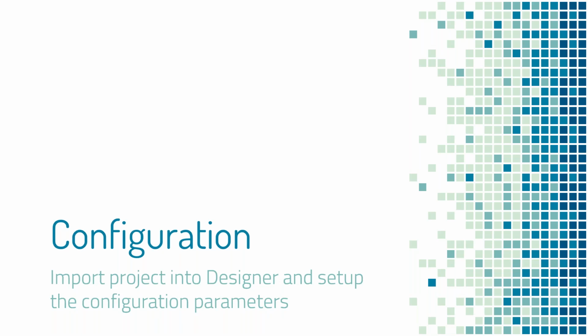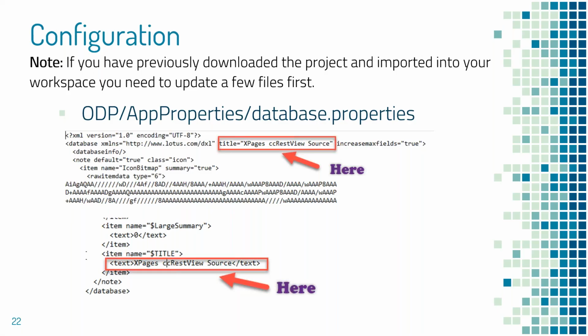Okay, so let's start configuring the view control. So I'm going to go through what you need to do to import it into Designer. I've already done that, so I'm not going to do that live. But one note at the beginning of this configuration here is, if you have already downloaded the control, and this applies to any project you download from GitHub or wherever, and you're importing into Designer, it needs a unique name.